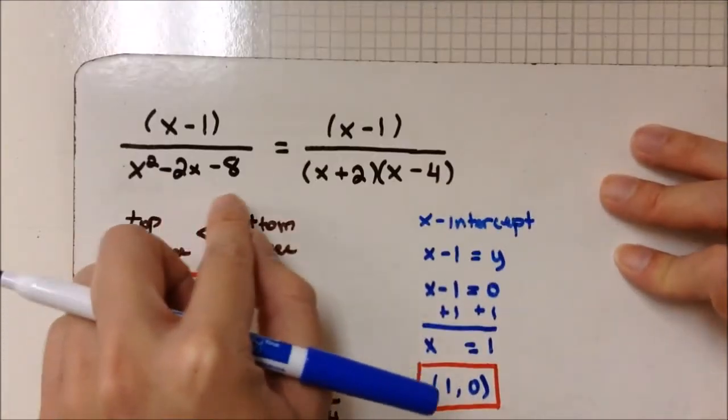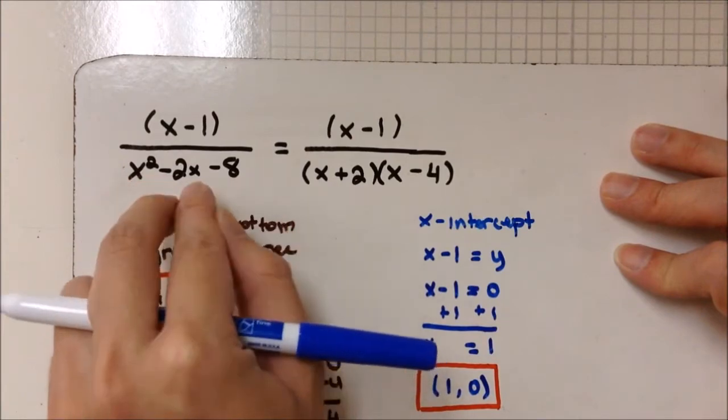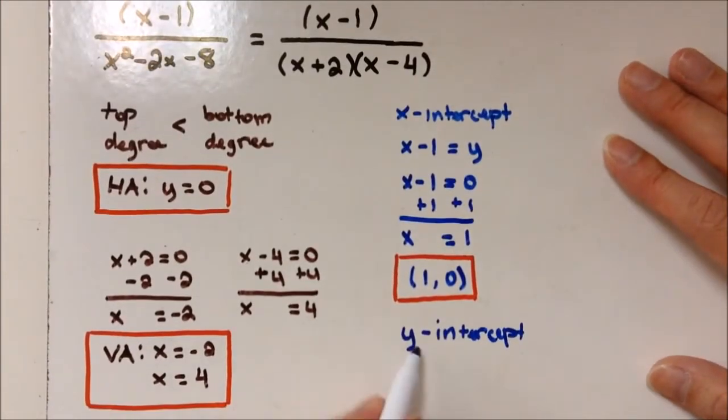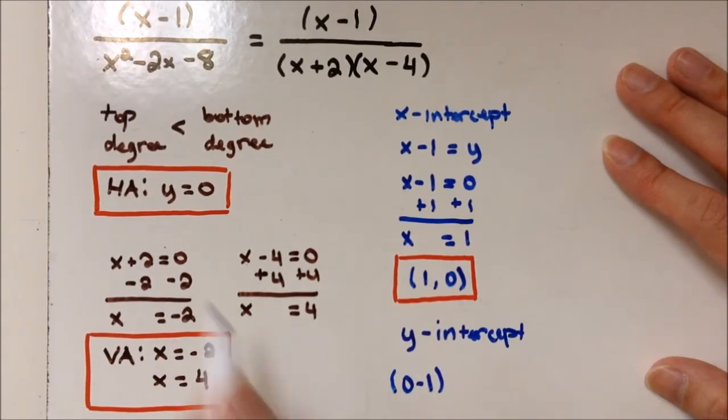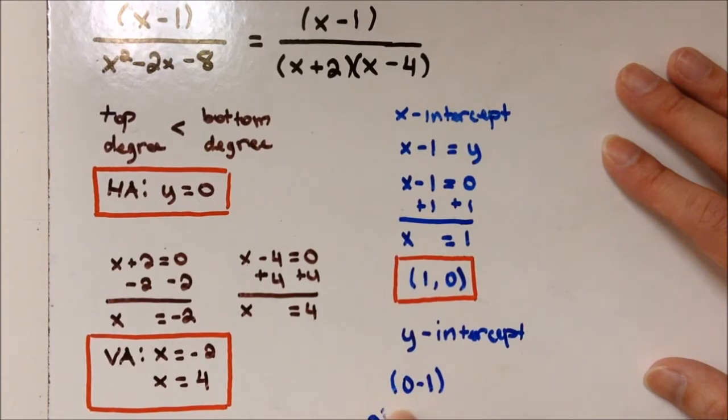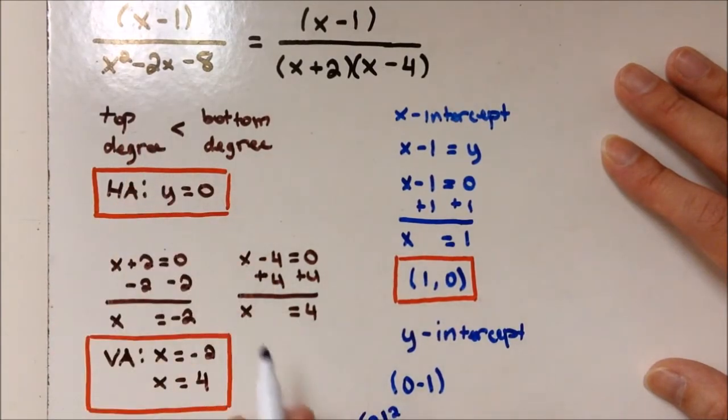So let's say we do the original since this is FOILed. So I'm going to put 0 minus 1 on the top. And then the first one is x squared, so it's going to be 0 squared, and then it's minus 2x, so that means minus 2 times 0 and then minus 8.